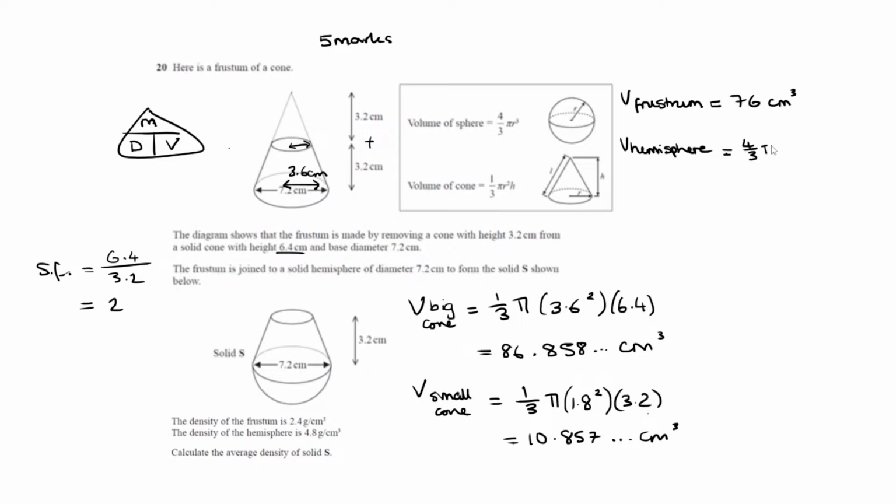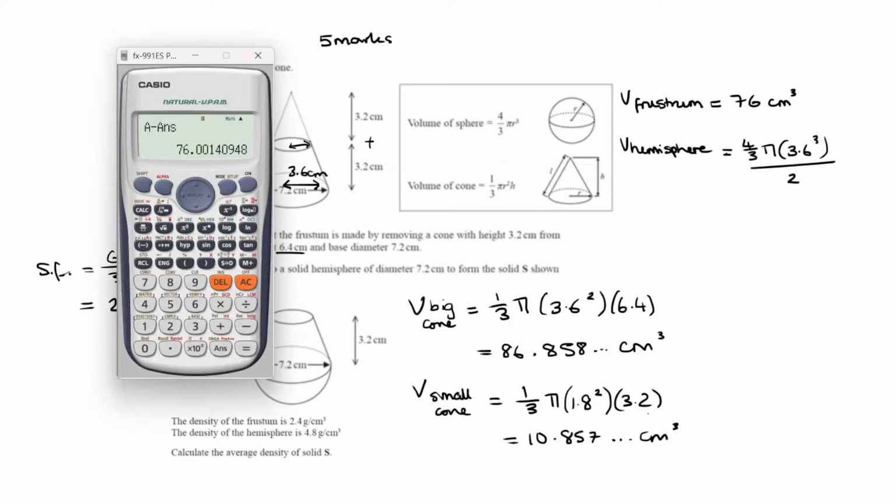So 4/3 pi, now the radius as we said was 3.6, it's half of the 7.2, cubed, but I only want half of that because it's not a whole sphere. So I have to half the diameter to get the radius and half the whole formula to get the hemisphere. So let's store that one as well. Let's keep that one for later.